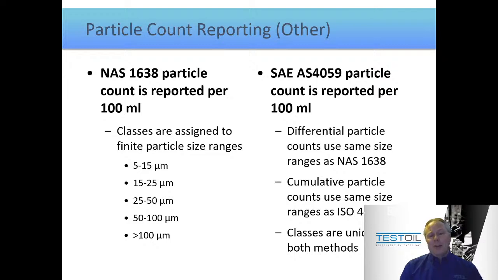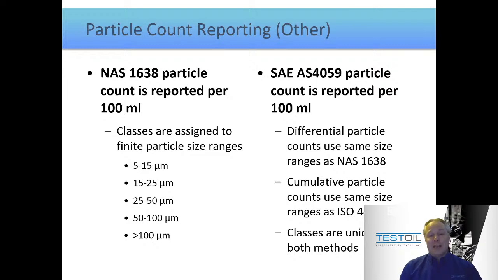So kind of long story short here, my point is, please don't use any of the online conversion tables or charts that people purport to say that such and such an ISO code is equivalent to such and such an NAS or an SAE value, if you need an NAS or an SAE value to compare to your OEM documentation. If you require that it's reported differently, simply ask the lab.